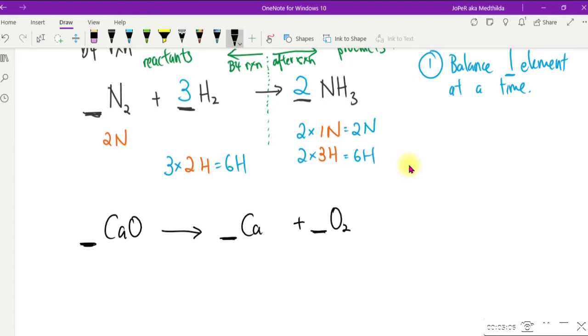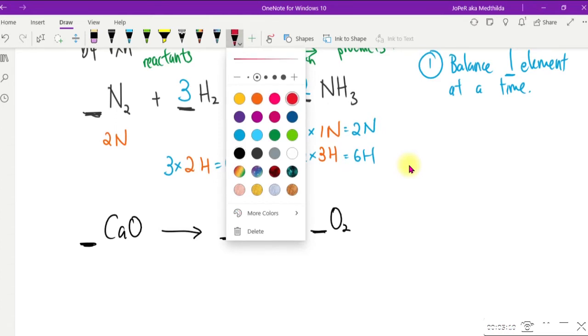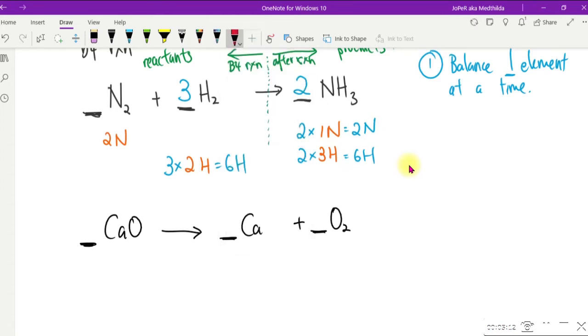Time to break down everything. Here I have 1 calcium, 1 oxygen. On the right hand side, the product, I have 1 calcium, 2 oxygen.